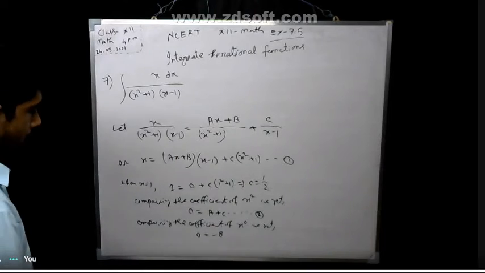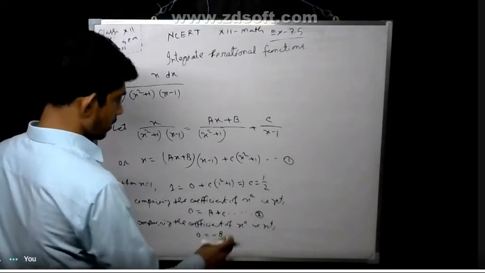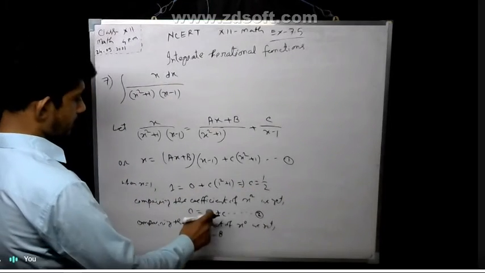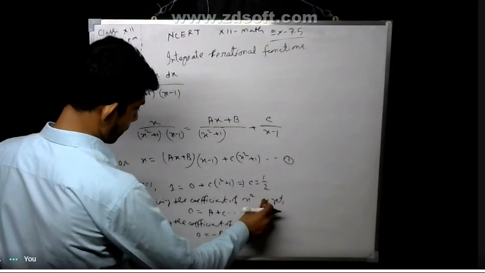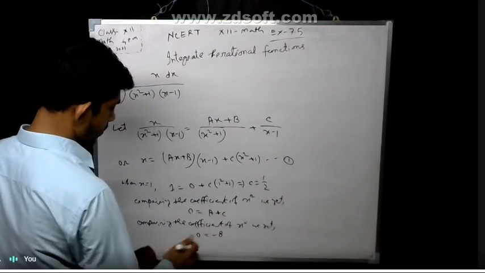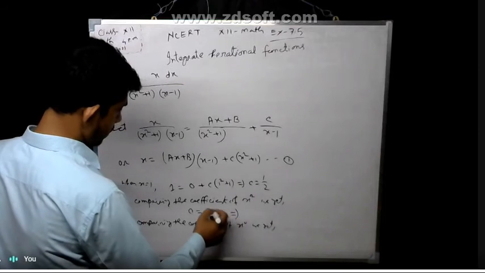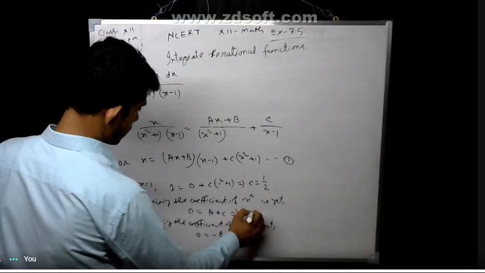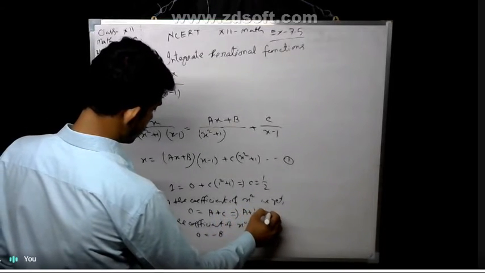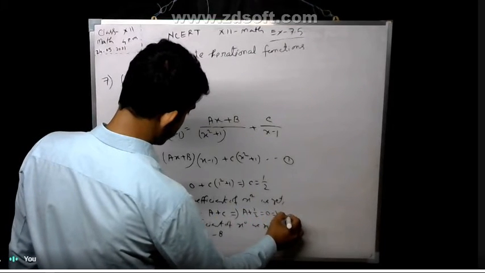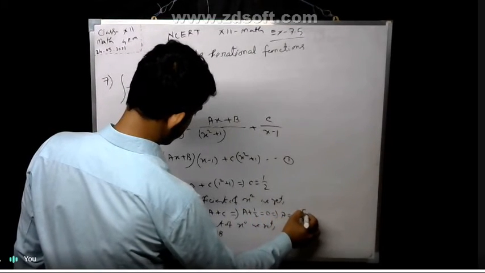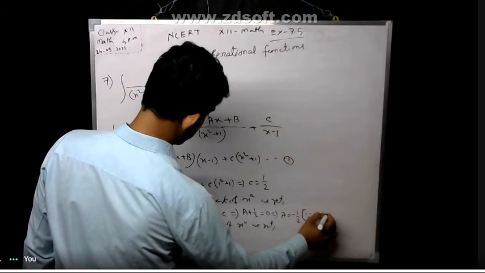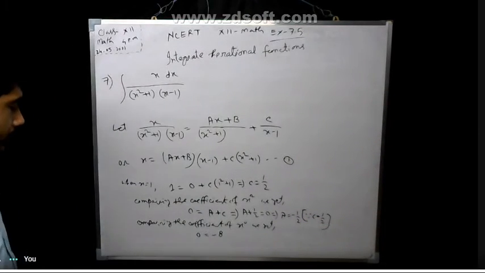We got c equal to half. That's why you can find the value of a. A plus half equal to 0 implies that a equal to minus half, because c equal to half, right? A equal to minus half.